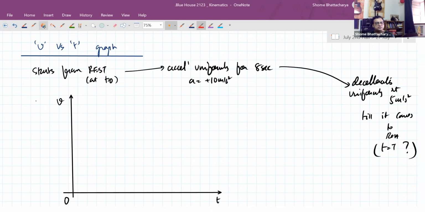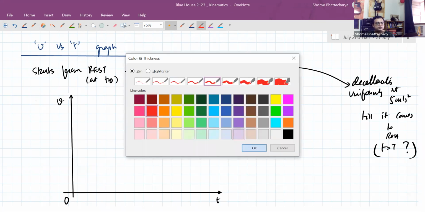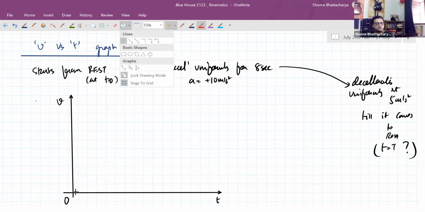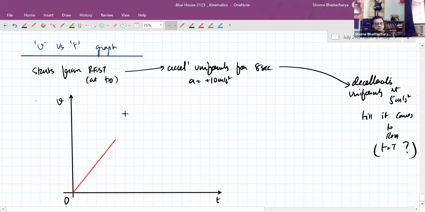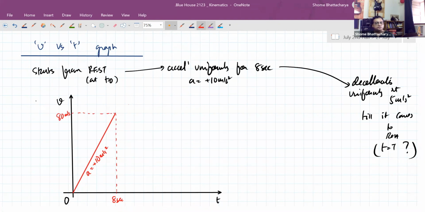The first 8 seconds will look like a straight line graph with a positive slope starting from 0, right? Let's say it's having an acceleration of plus 10. So it will reach a velocity of 80, which by the way is also the maximum velocity, which I'm sure all of you figured out.